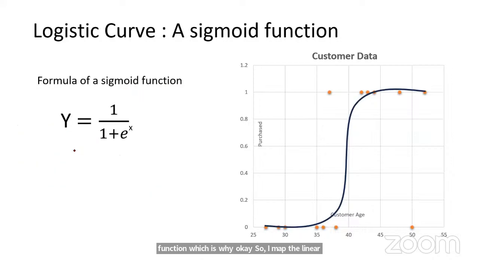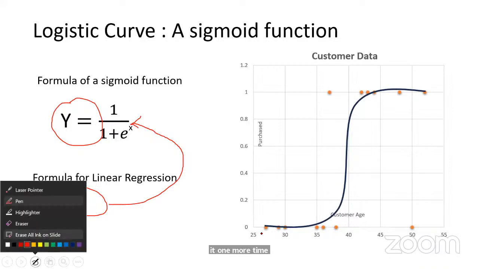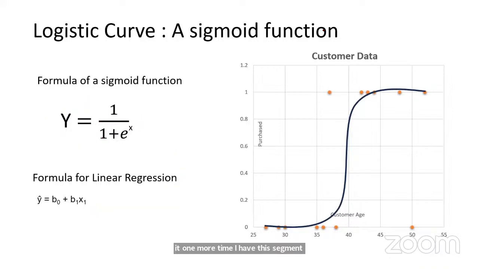All right, so I will explain it one more time. I have this sigmoid function, which looks like this. So I will try to predict y, and after predicting y, I will model it to behave like a sigmoid function.